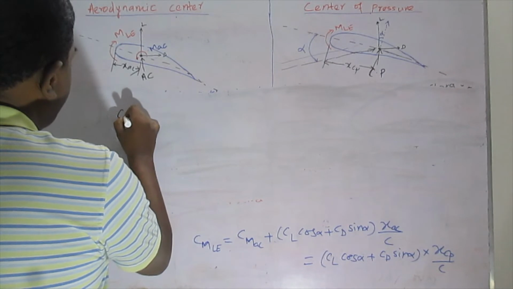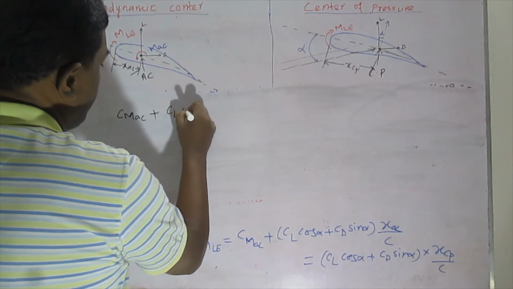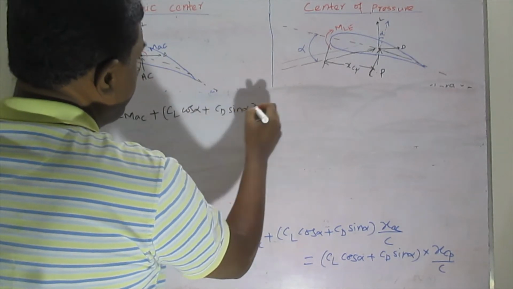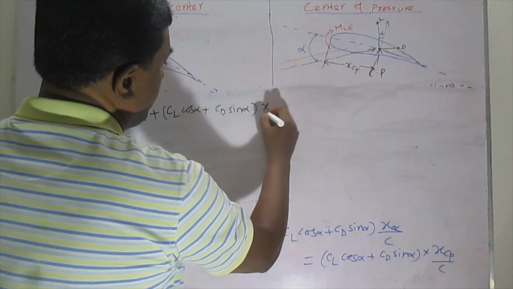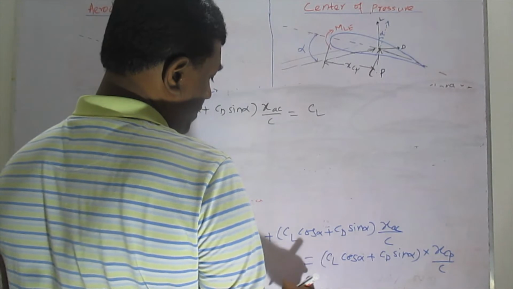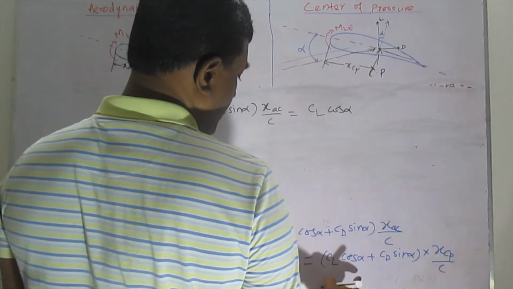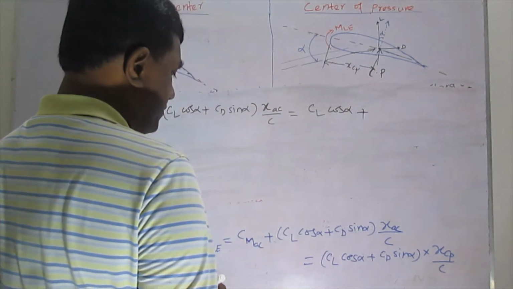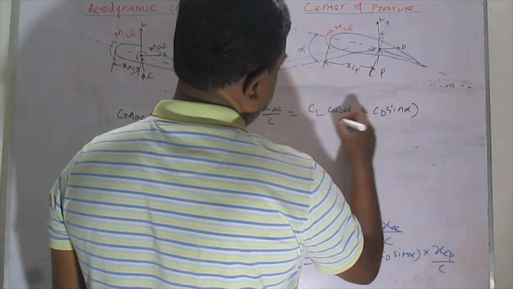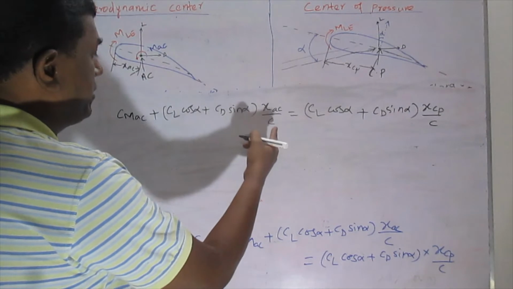So CMAC plus CL cos alpha plus CD sin alpha into XAC by C, that is equal to CL cos alpha plus CD sin alpha into XCP by C. So now we can find this.